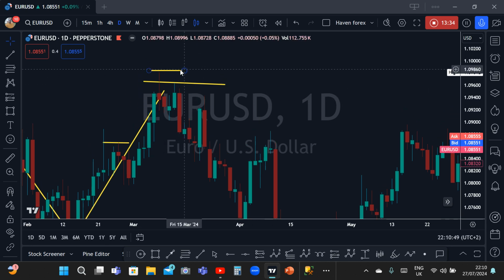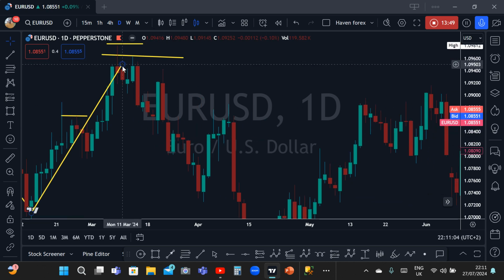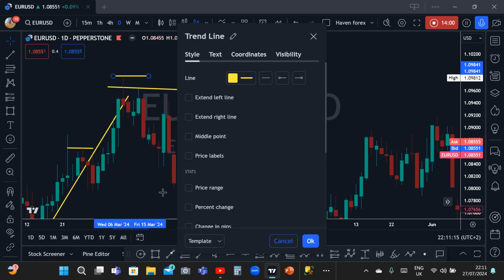This one is a strong high. Now, why? Because this guy did not take this. This guy broke a structure, he created a high. Now, this guy that's supposed to create another high failed to break this structure. That is what makes this one a strong high.